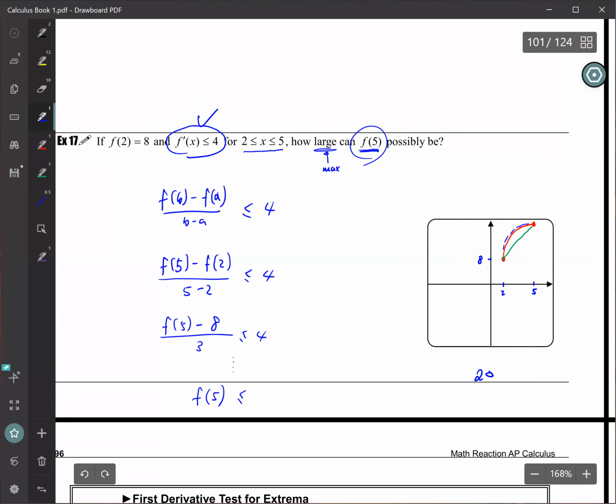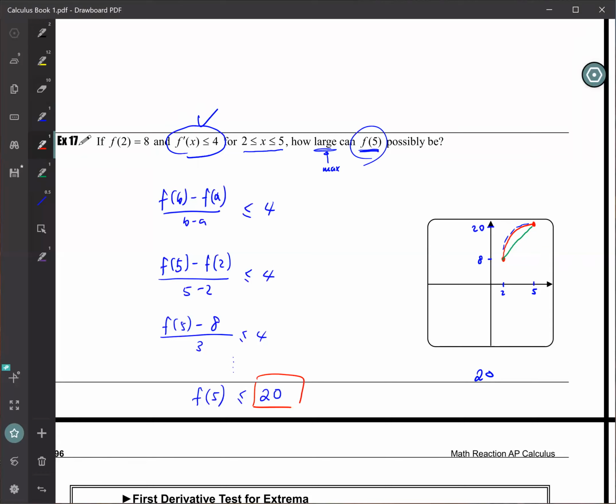So cross multiply, so that will be 12 plus 8. So f of 5 has to be smaller than or equal to 20. 20 will be the maximum it can rise up to. If it goes higher than 20, then your slope could be higher than 4. Okay, so that's the idea. So the maximum value is 20.